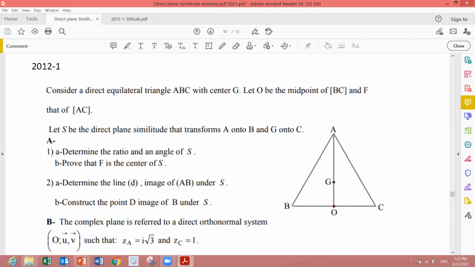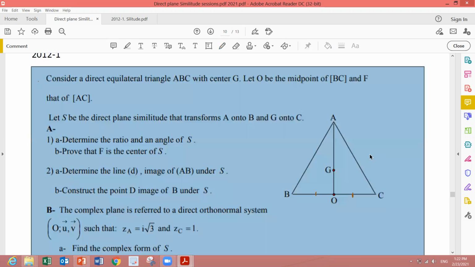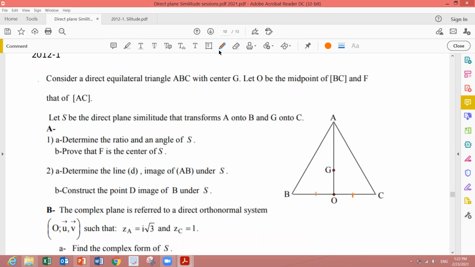Are you doing this? No. Consider a direct equilateral triangle ABC. O is the midpoint of BC, and F is the midpoint of AC.